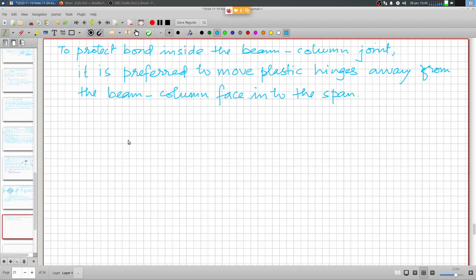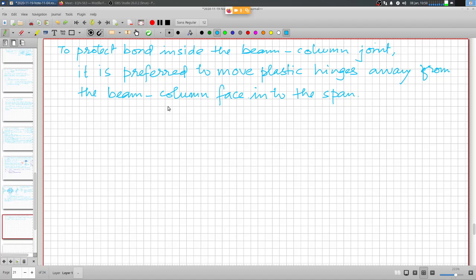So typically we saw that the typical way is we move one effective depth away from the column face, and the way to do that is to provide additional flexural reinforcement and additional shear reinforcement, more than what we arrive at from the flexural capacity, the reduced moment capacity at the section.